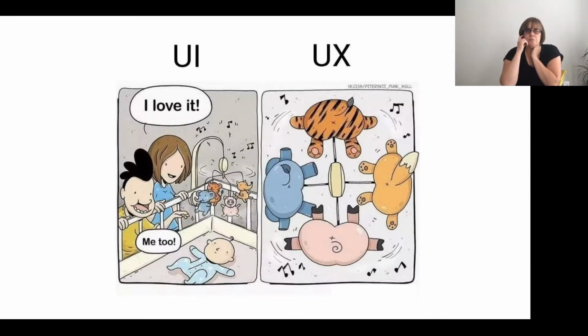Another example, from perhaps a baby point of view, is you have to see things as your user sees them. So these adults are standing next to this mobile musical thing. Oh, I love it. It's wonderful. Look at all the cool animals. But the user here, your primary stakeholder, is this kid that's lying in the cot, in the crib.